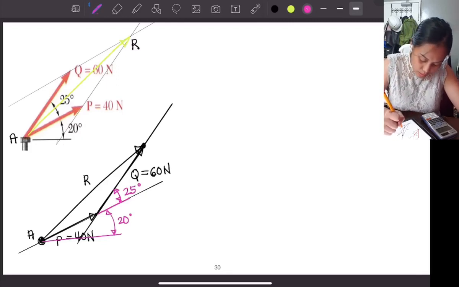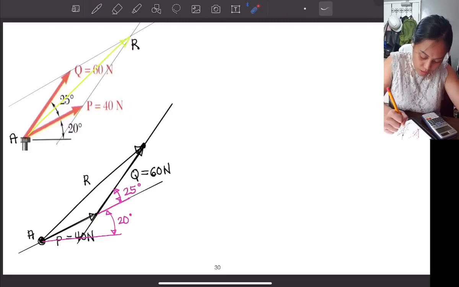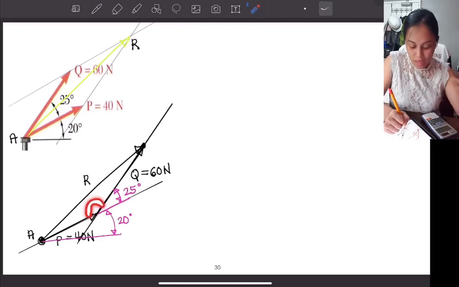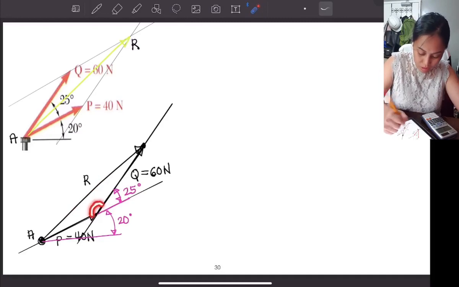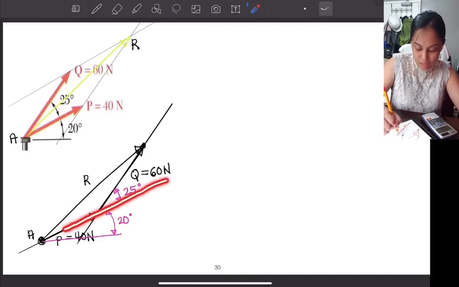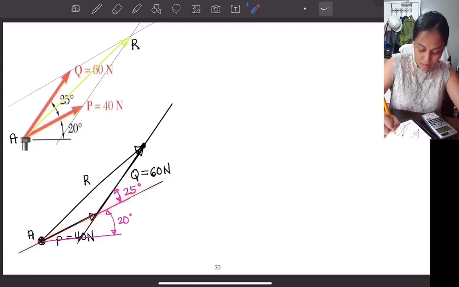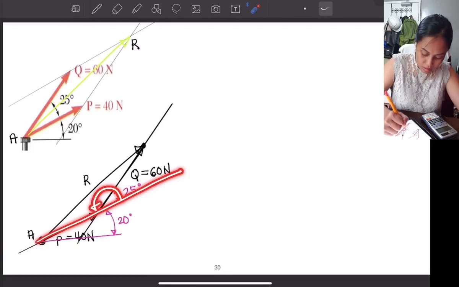From here, we need to determine this angle, the angle opposite the resultant force, which we need for the cosine law. To find it, look at the figure. From the figure, it is a straight line, say the axis there. From here going there, that is 180 degrees.